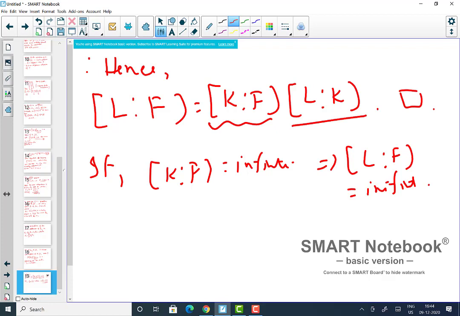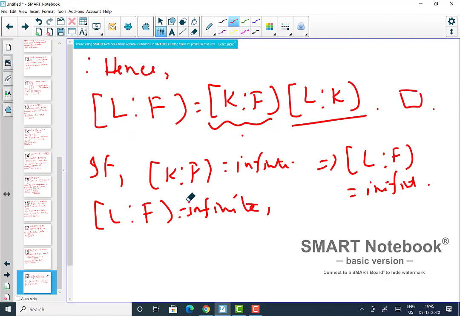Now conversely, suppose L over F is infinite, then at least one of them has to be infinite, because both cannot be finite. If both are finite, then the product is finite, right? So this becomes finite.